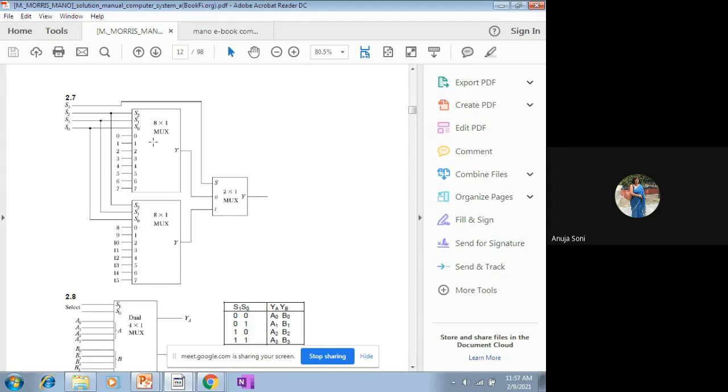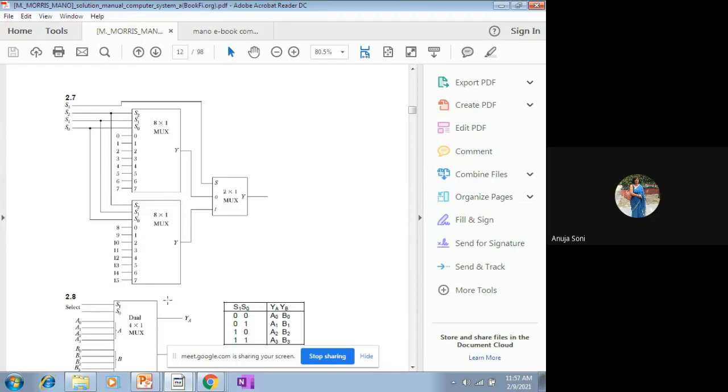So from the intermediate details we can start with the 8 to 1 multiplexer: how many input lines are being used? 8 input lines, right? And what output value will come out of it? 1 output value, as per the functionality performed by the multiplexer.